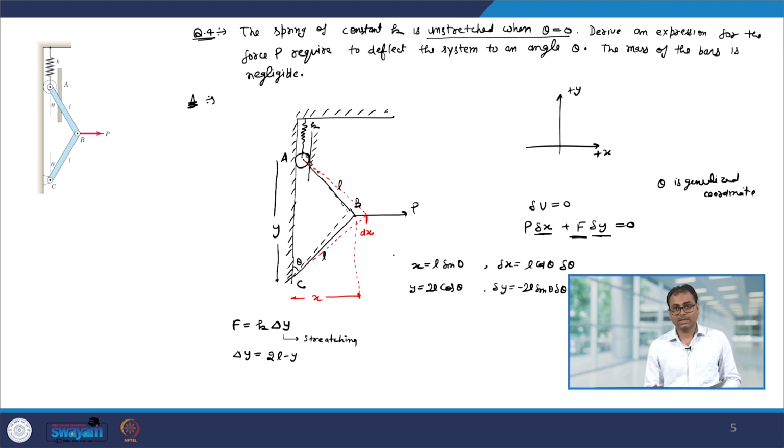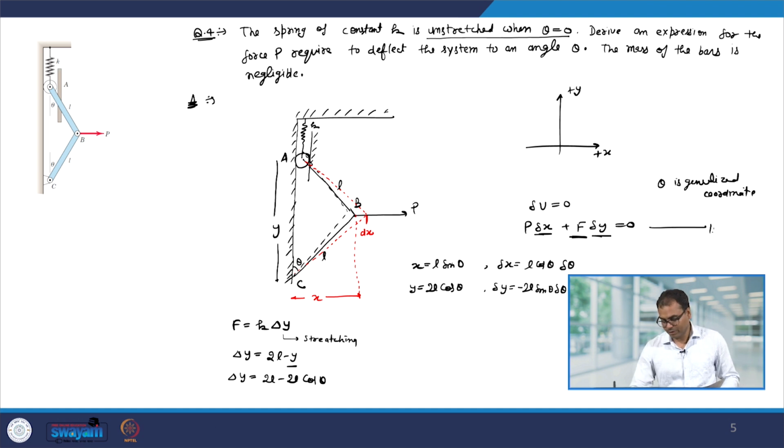In that case my y will be 2L. So, when the spring is unstretched, in this particular case it will be 2L minus y. Therefore, I can write this y in terms of the generalized coordinate: delta y will be 2L minus 2L cos theta.